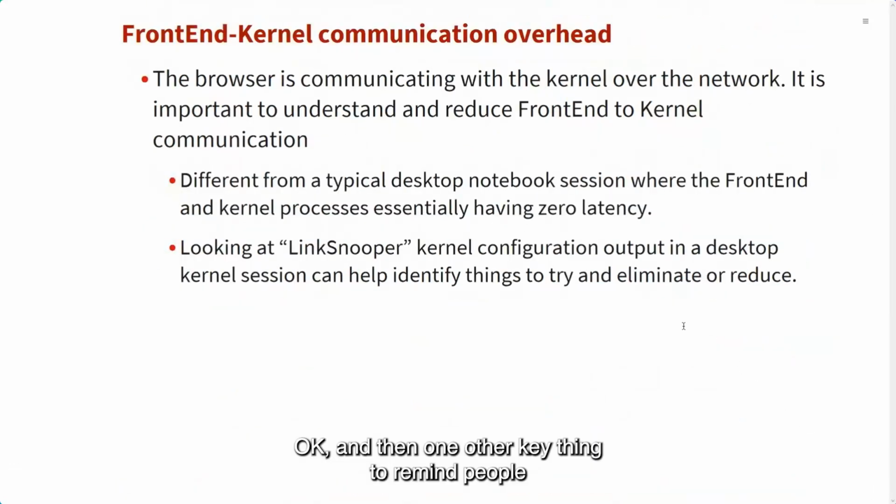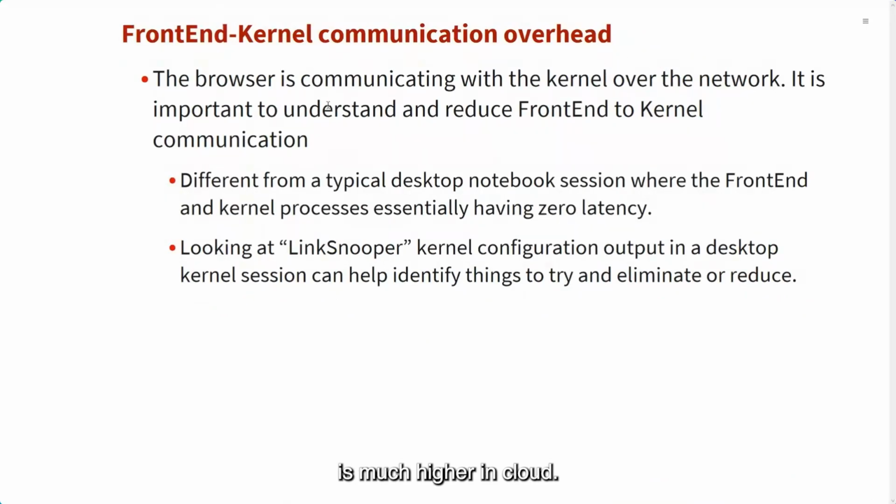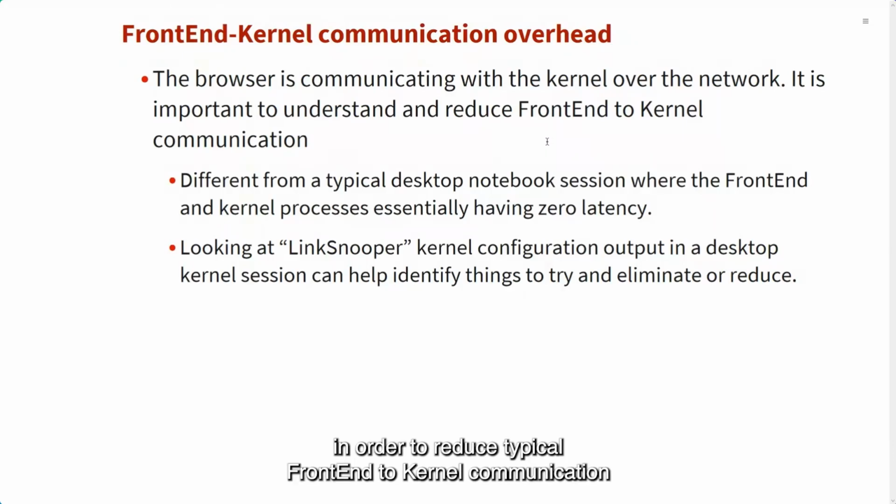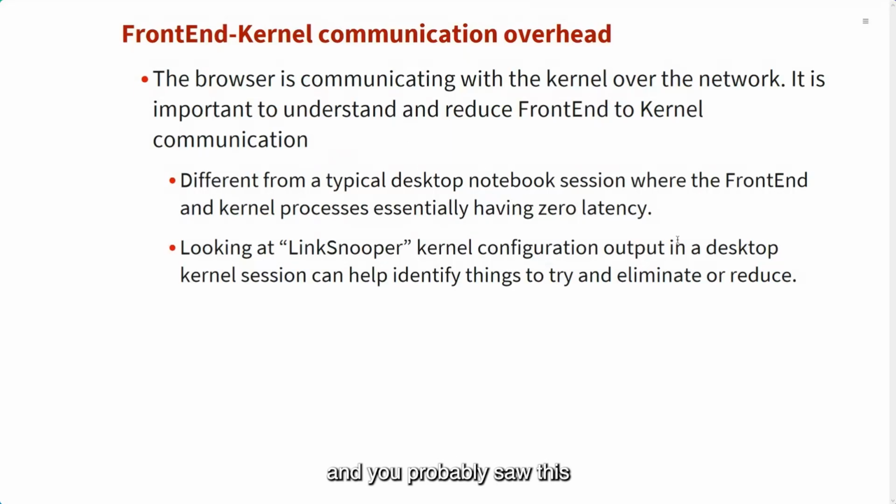Okay, and then one other key thing to remind people is that the front-end kernel communication overhead is much higher in cloud. So the browser is communicating with the kernel over the network, and you need to understand this in order to reduce typical front-end to kernel communication to make things performant. And you probably saw this in terms of latency on the Manipulate there. And again, it's just different.